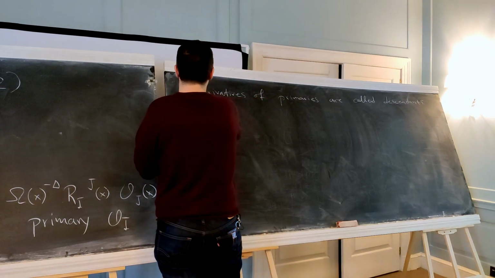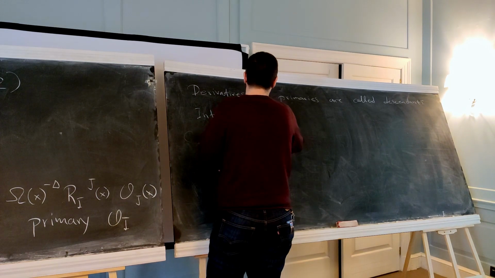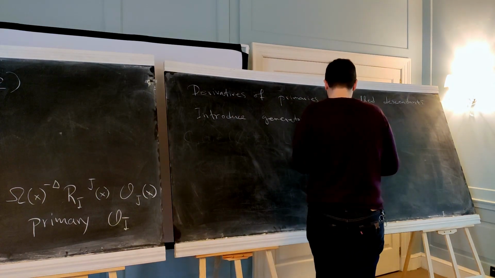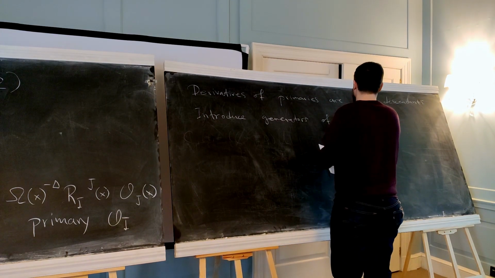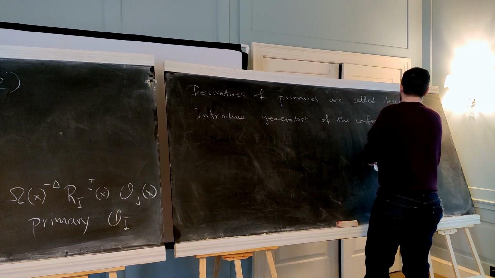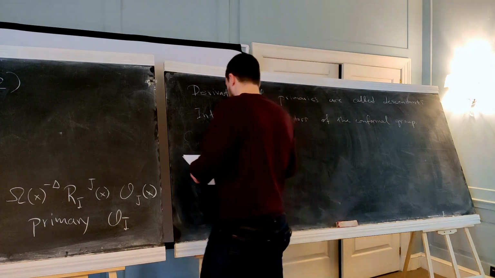So we will introduce generators of the conformal group. So how do we do this?